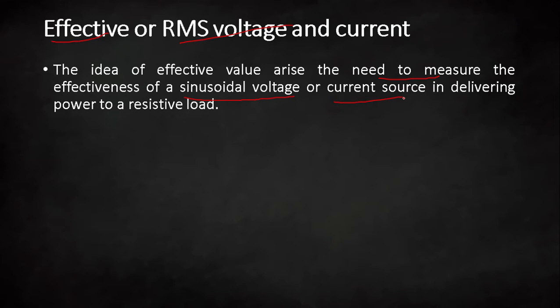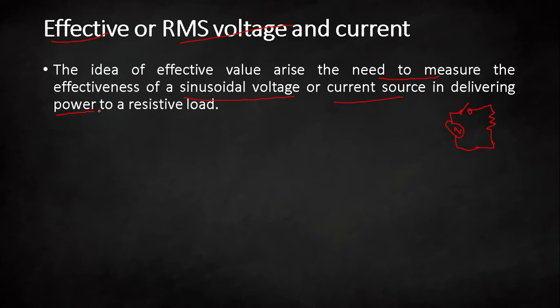So we are taking a load that is resistive in nature, and we are going to find what the behavior of the system will be when a current source or voltage source is connected to this kind of load, because in case of a DC system or AC system, the power to a particular resistive load will be the same.